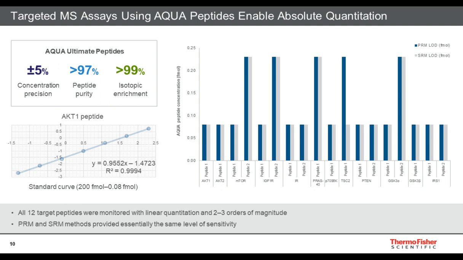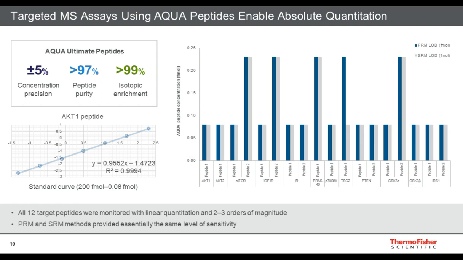As an example here, the AKT1 peptide 7-point standard curve shows that we get really good linearity and at least 2 to 3 orders of magnitude dynamic range. On the right-hand side in the graph, we have selected target peptides from 12 AKT mTOR pathway targets, and that allowed us to get linear quantitations and 2 to 3 orders of magnitude dynamic range by both PRM as well as the SRM methods.